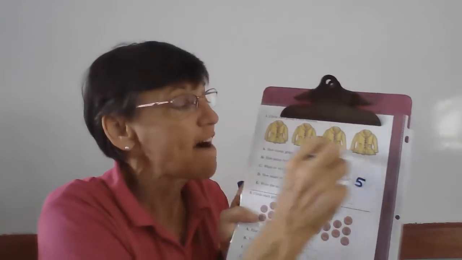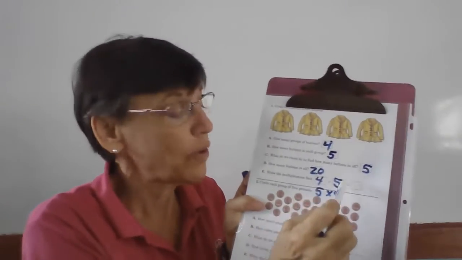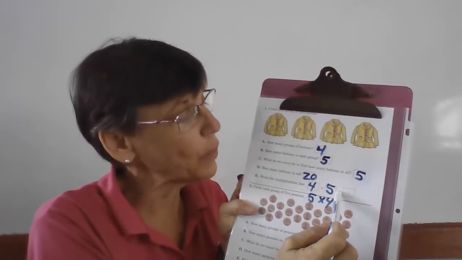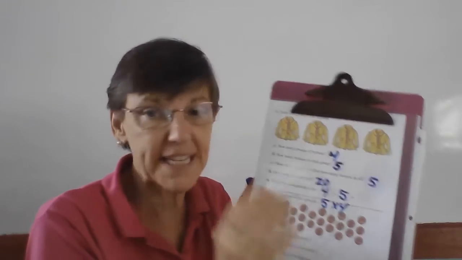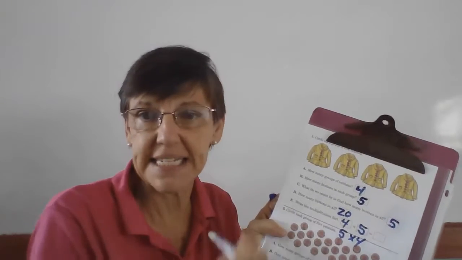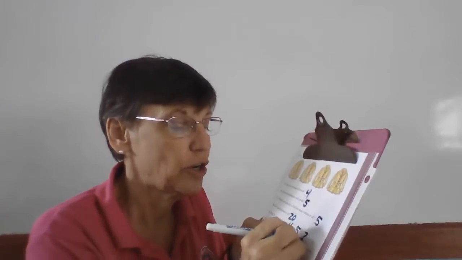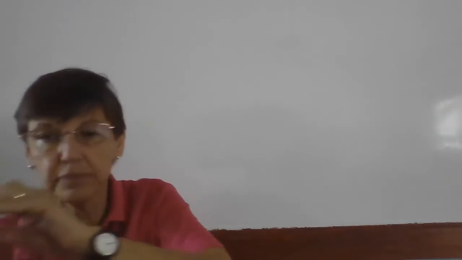Same thing, doesn't matter which way you put it. So 4 times 5 is 20, right? Let's look at our clock.